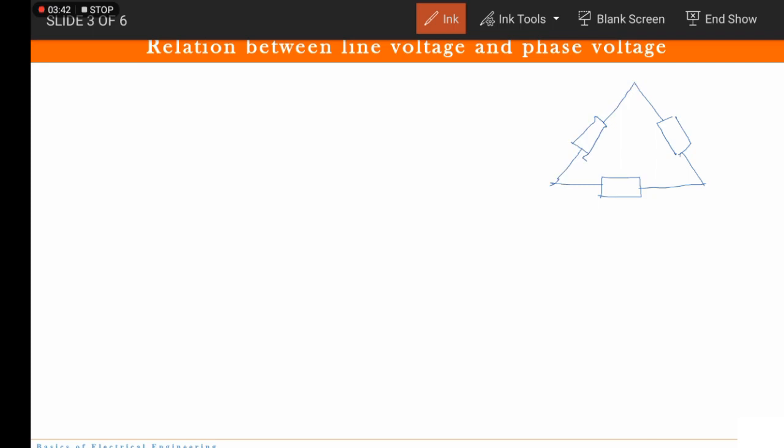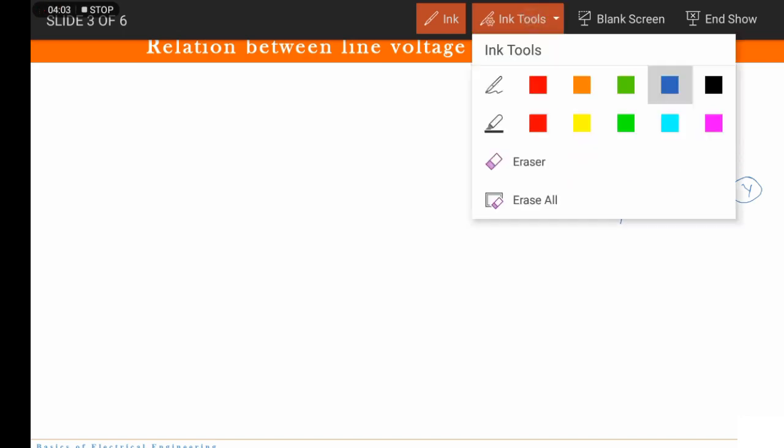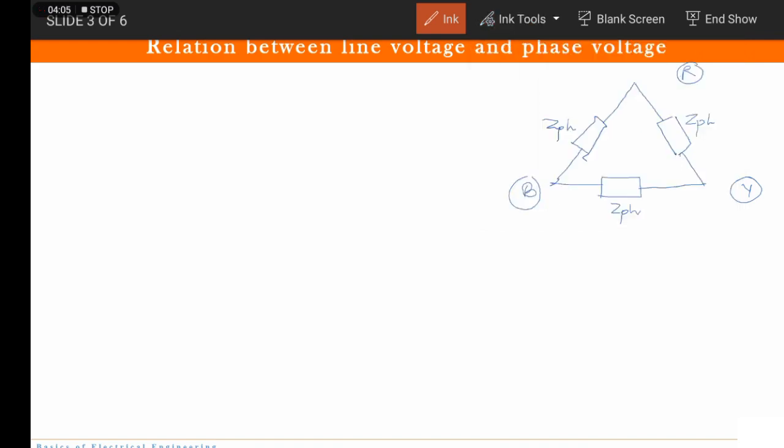So this is how the delta connection looks. This is the R phase, Y phase, and B phase. Now this is a balanced system, so all the impedances are equal. I am representing all the impedances by ZPH. I will take out the connection.